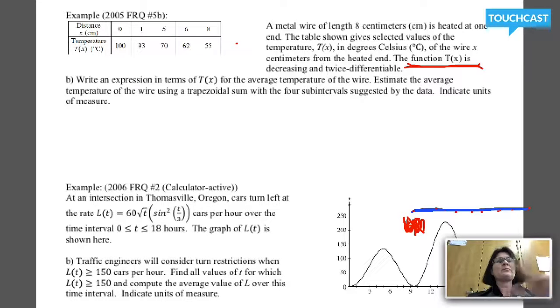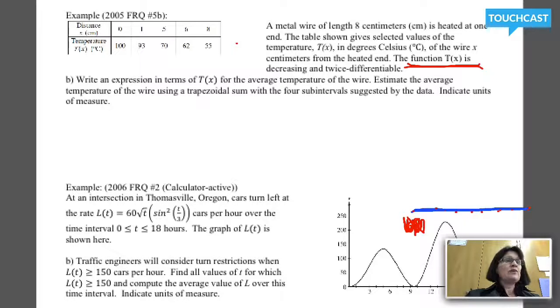And these are the temperature readings along the wire in degrees Celsius. So I've been asked to write an expression in terms of T of x for the average temperature of the wire. So remember, average velocity was 1 over b minus a times the integral from a to b of velocity.